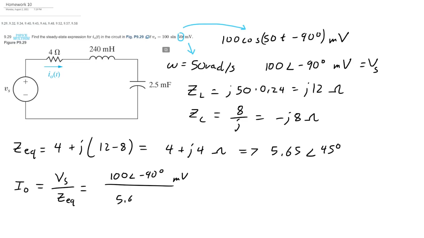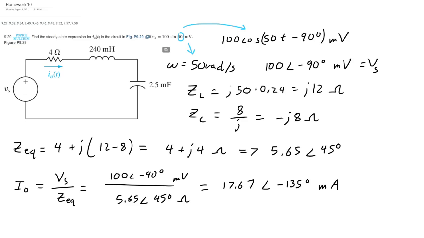So 5.65, phase angle 45, and it's ohms. Take that ratio, 100 divided by 5.65 is 17.67, and minus 90 minus 45 is minus 135 degrees, and this is milliamps.